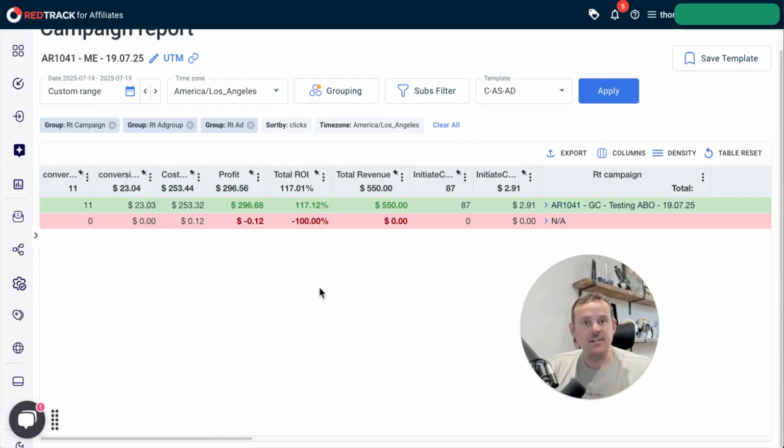Now, I teach and preach to my students in Ad Profits and my one-to-one clients that the offer is everything, right? It's the most important part of the puzzle. You can have the best copywriter in the world, the best creative design team in the world, but with a terrible offer, it's not really going to do anything, right?